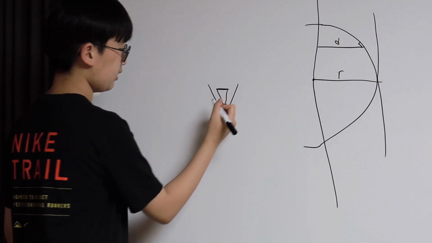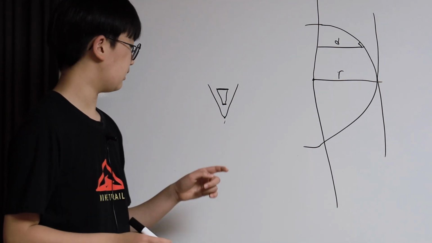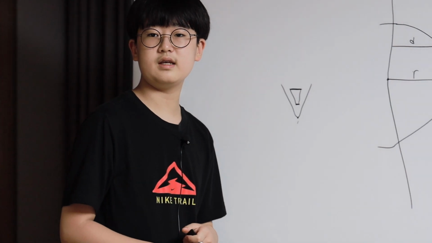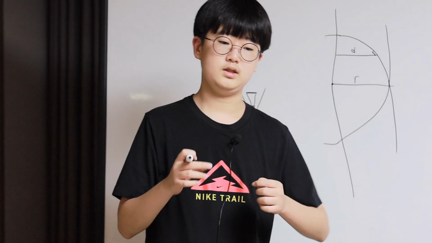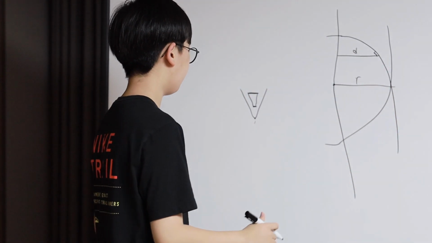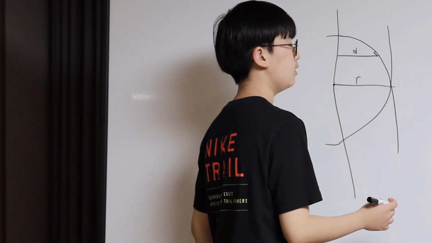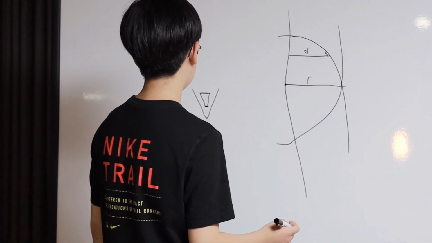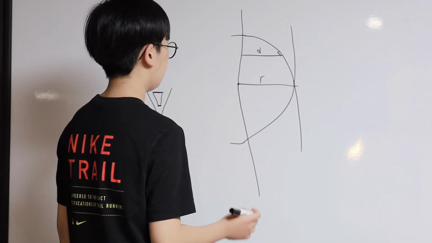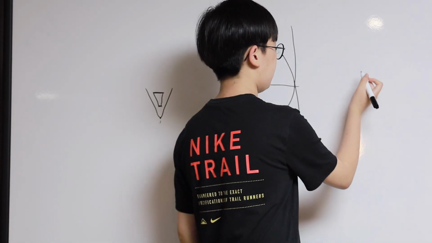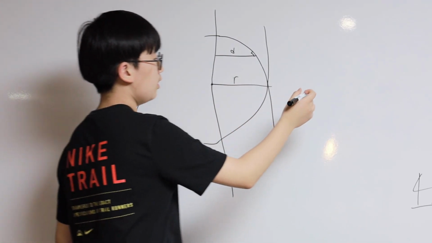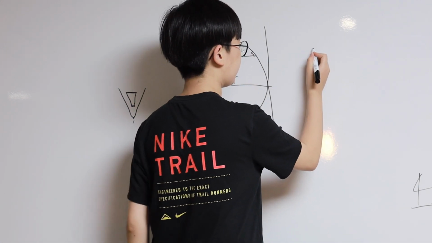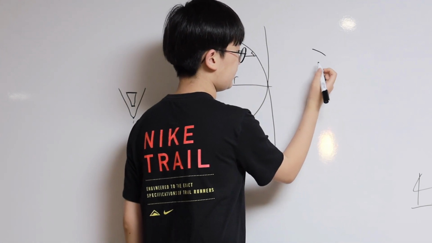So it would be longer. One part of the square would be stretched outwards, but because it's a sphere, some squares should be looking a bit like this.